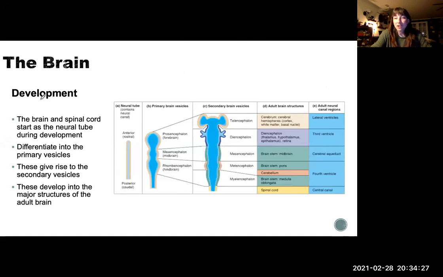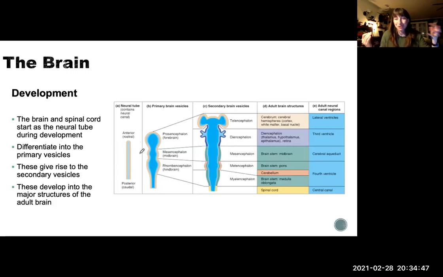Development. So in early development, when you are just a blob of cells that are pretty early along in their differentiation process, you have a structure known as the neural tube. The neural tube is oriented so that one is like the head end and the other one is the butt end.